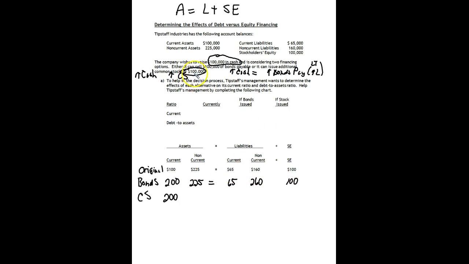If we issue 100,000 of common stock, stockholders' equity will go from 100 to 200. And then non-current will stay at 225. Current liabilities, nothing will happen. Those will stay at 65. And non-current liabilities, nothing would have happened there, and it'll stay at 160. So again, I'll have 425, 425, and we're in balance.